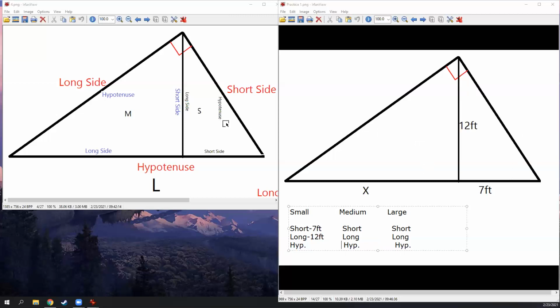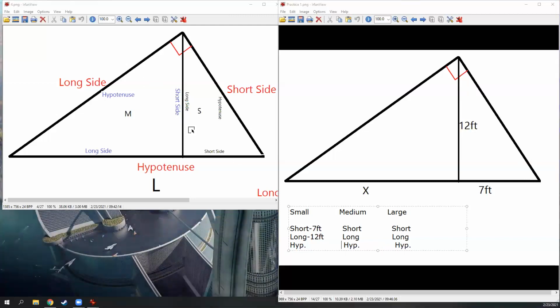In the medium triangle, I do have a number here. It's 12, the short side. So the medium triangle's short side is 12. Over here is its long side, and that's x.